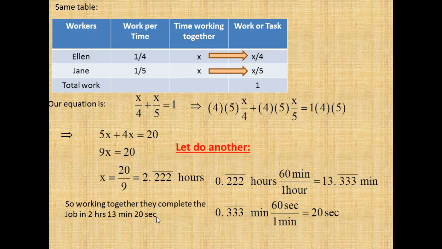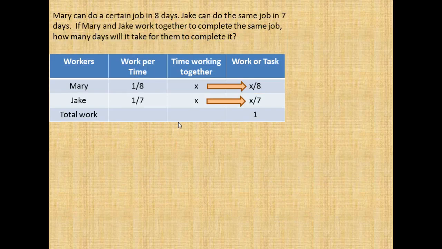Okay, so let's do another. Okay, Mary can do a certain job in 8 days. Jake can do the same job in 7 days. If Mary and Jake work together to complete the same job, how many days will it take for them to complete it?